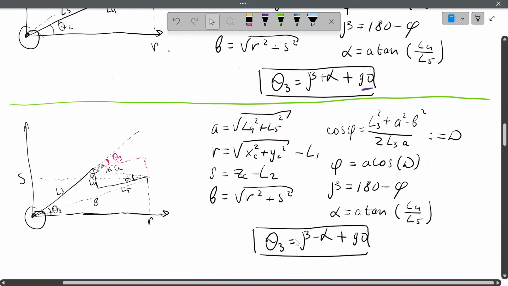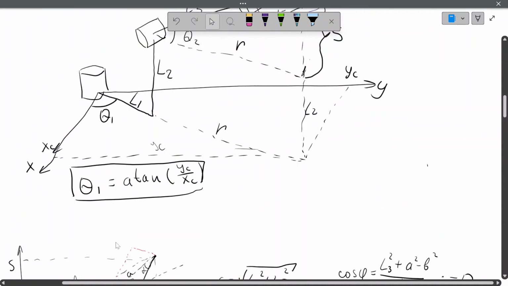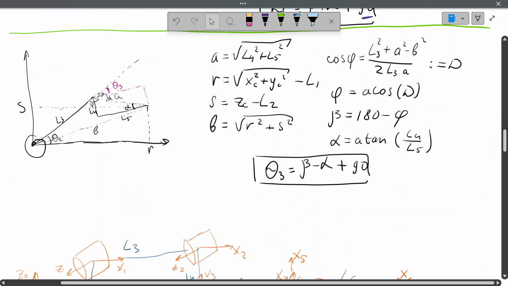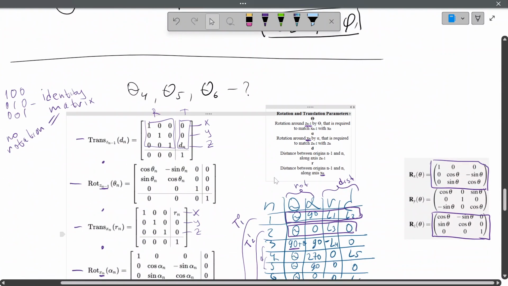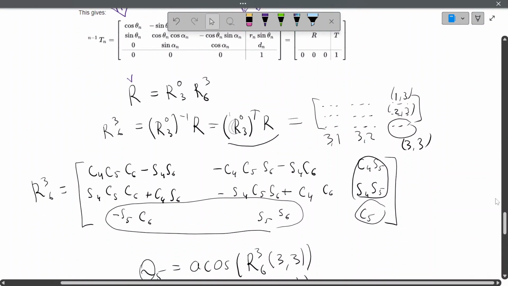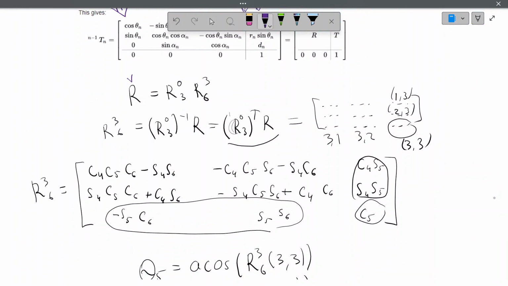Also, here we defined theta 1, theta 2, theta 3. So the previous three angles we also found, so this we can obtain from them. Because we found theta 1, theta 2, theta 3, this we can also calculate. So last we need to find this.